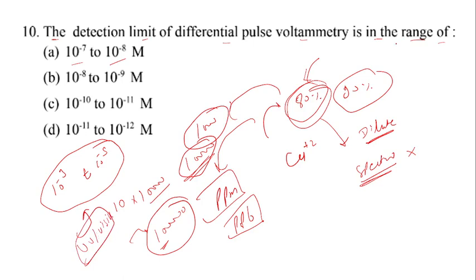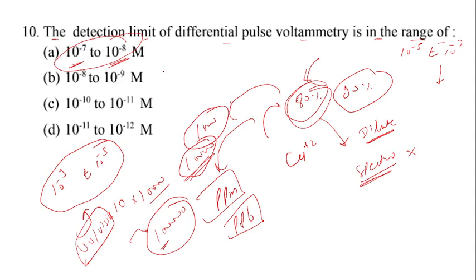If it is more or less like 10 to the -5 to 10 to the -7, then you can go for fluorescence, it is also a very sensitive technique. If it is further decreasing, 10 to the -7 to 10 to the -8, which is very low, then you can go for voltammetric.